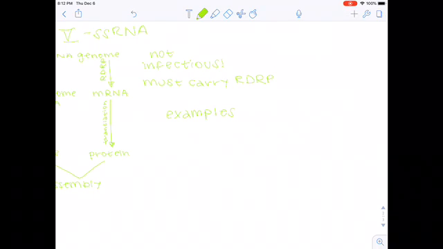Some examples of negative sense single-stranded RNA, something you've obviously probably heard of, is Ebola virus. Some less common ones that you might not have heard of are Marburg virus. Let's see, we also have Lassa virus. And let's pick one that we've probably all heard of before. Oh, rabies definitely is an important one.